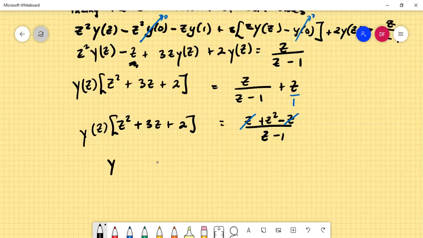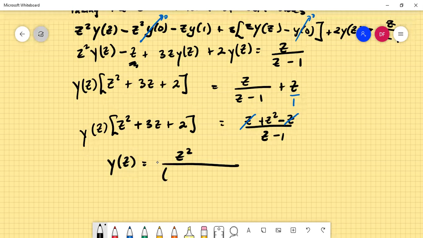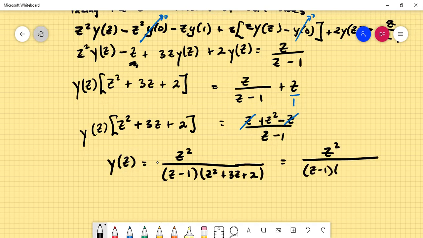So Y(z) is going to be equal to z squared over z minus 1, z squared plus 3z plus 2, which I can write in factors as z squared over z minus 1, z plus 1, z plus 2.